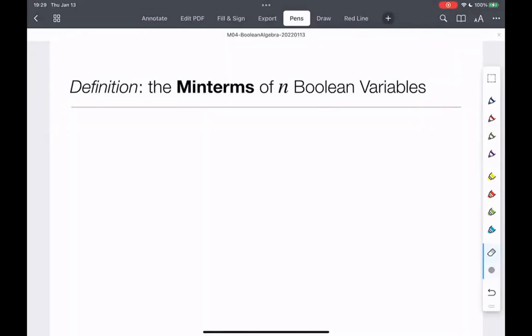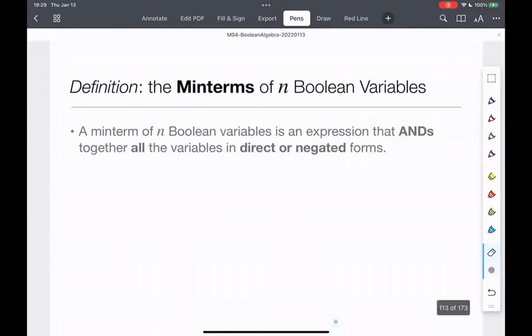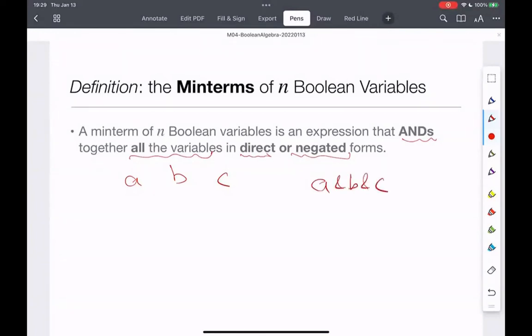There is a special thing that we call minterms, and a minterm is an expression that ANDs all the variables, with the only caveat being that each variable is either as is or in the negated form. So let's say if I have 3 variables A, B, C, then A and B and C is a minterm. A and not B and C is also a minterm.